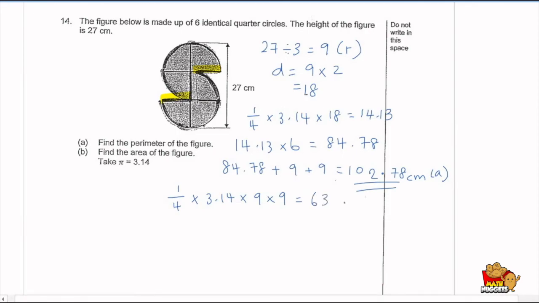Get 63.585. So I just need to take this and multiply by 6. That's the answer for part B.